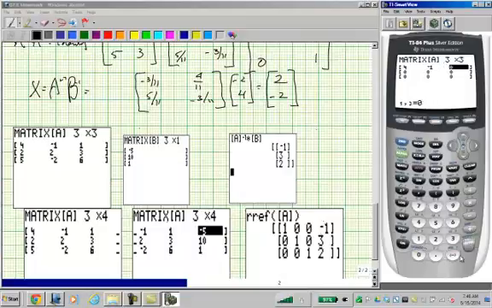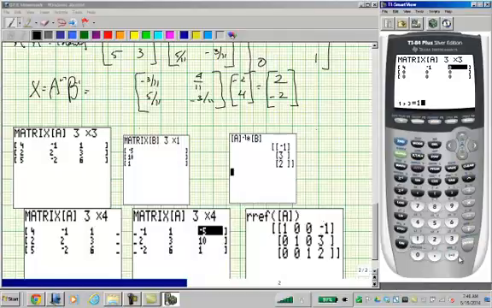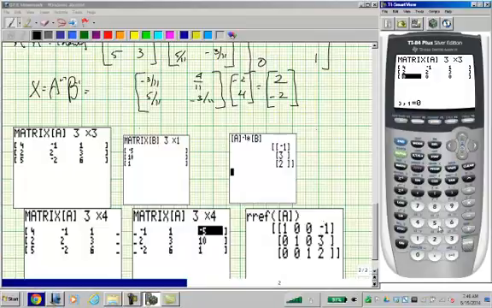negative 1, 1. Okay, 4, negative 1. Okay, then 2, 2, 3. Okay, and then 5, negative 2, 6.